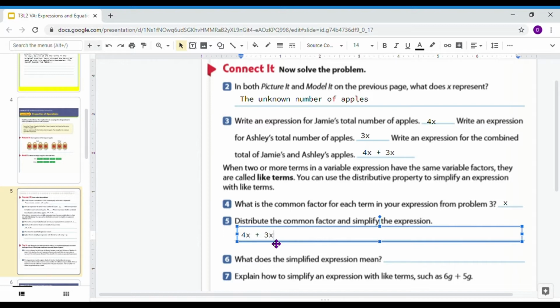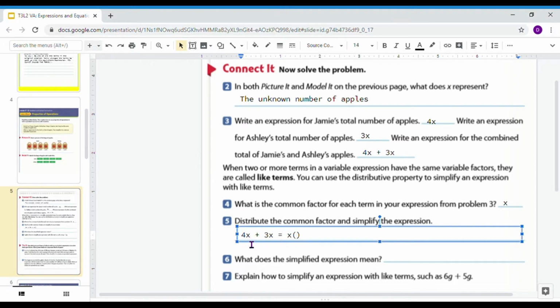And if we were to work like we did in the review page and pulling out that common factor, in this case, if I look at number 4, that common factor is x. So if I were to pull that x on the outside of some parentheses, and I know that when I pull that x out, I've got to multiply it times whatever numbers are inside the parentheses.